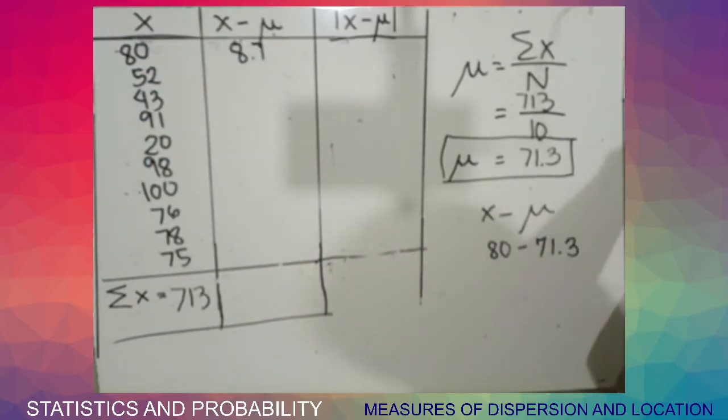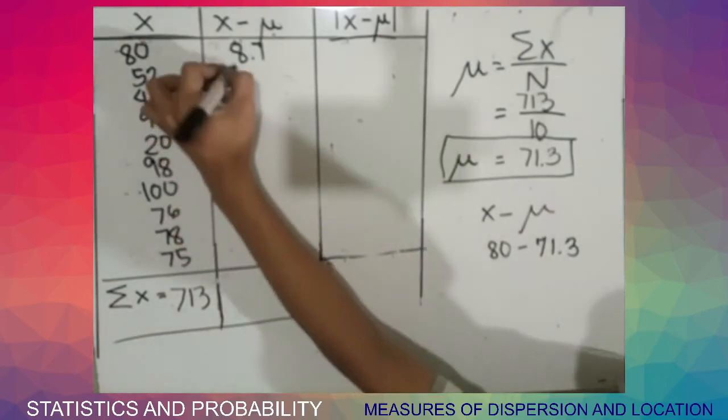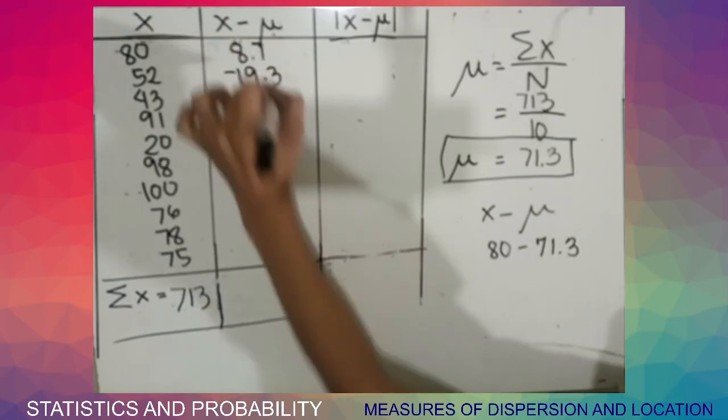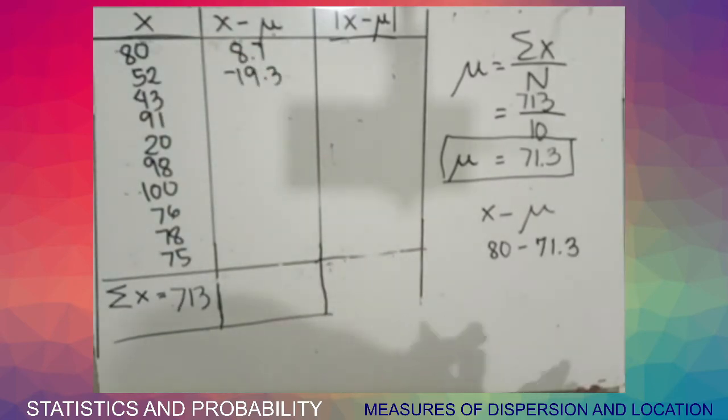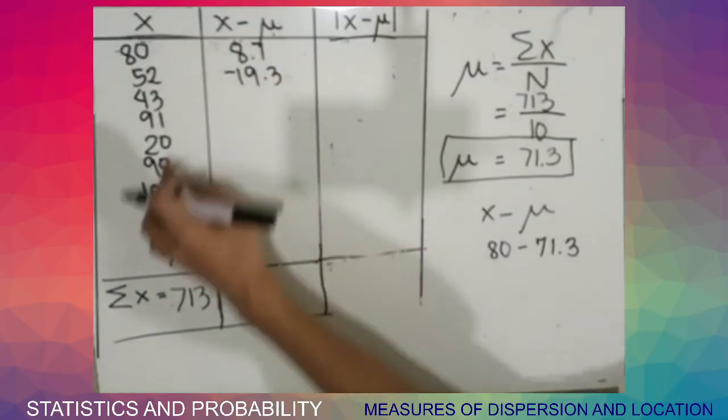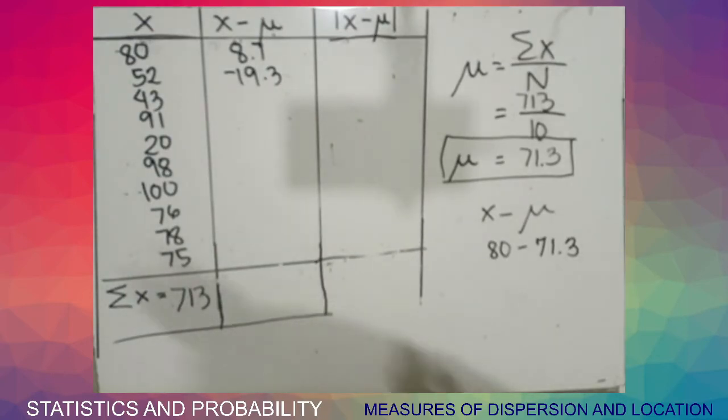Next, 52 minus 71.3, negative 19.3. Kung mapapansin nyo, yung decimal point ay nag-iiba, nakadepende sa ating x.